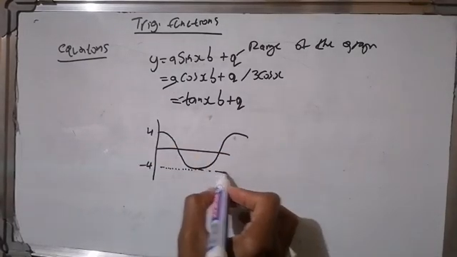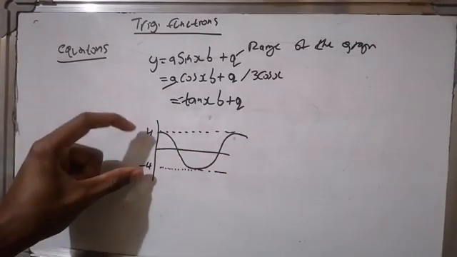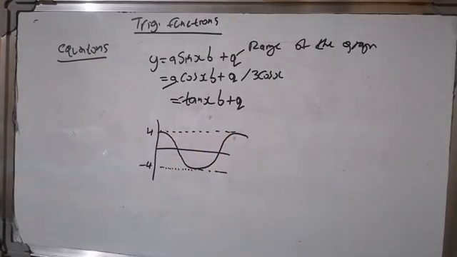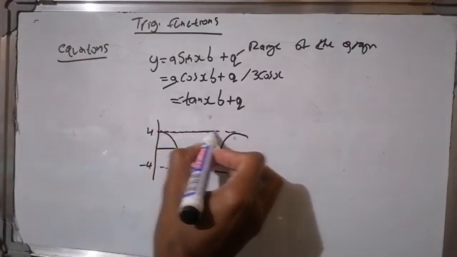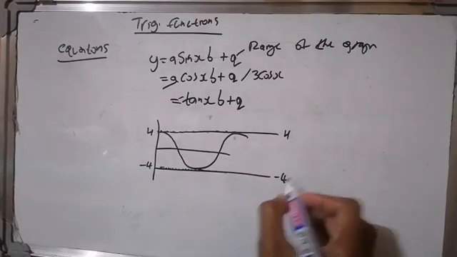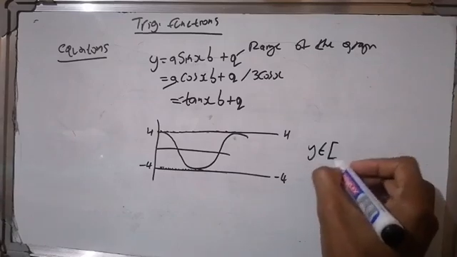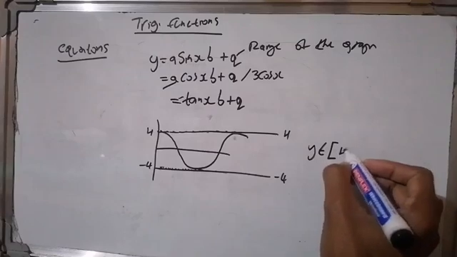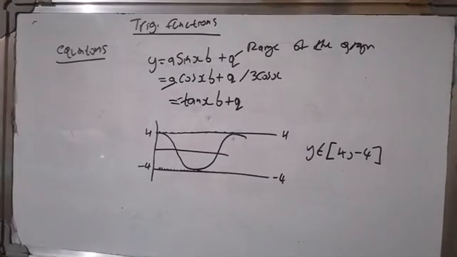The range of a function graph talks about the space that the graph fills, so it's going to cover exactly from this sort of an asymptote line. So the graph covers from 4 down to -4. So when you give the range, you are going to say y is an element of, you can put a square bracket and then say the graph goes from -4 up to 4, and then that's it. It never goes beyond, or it never goes below.